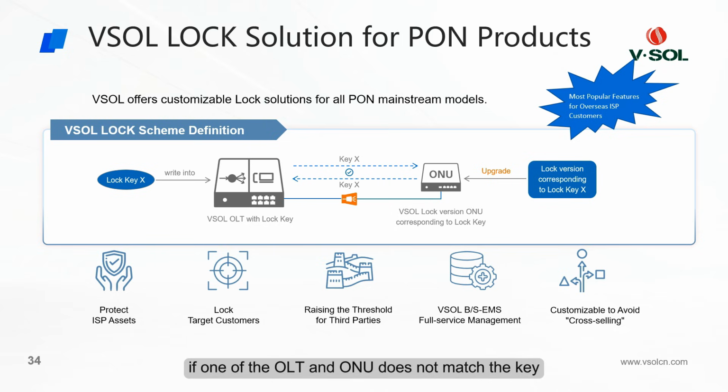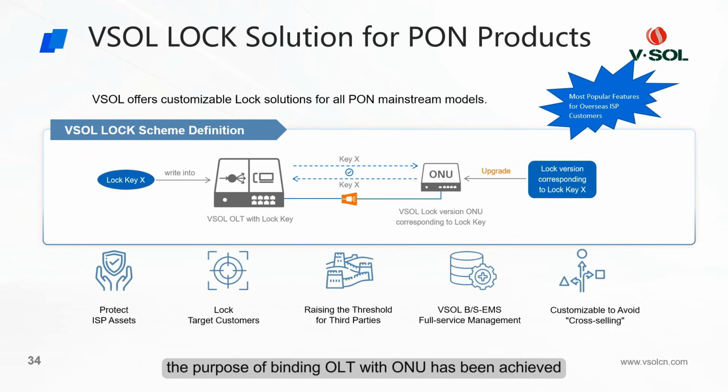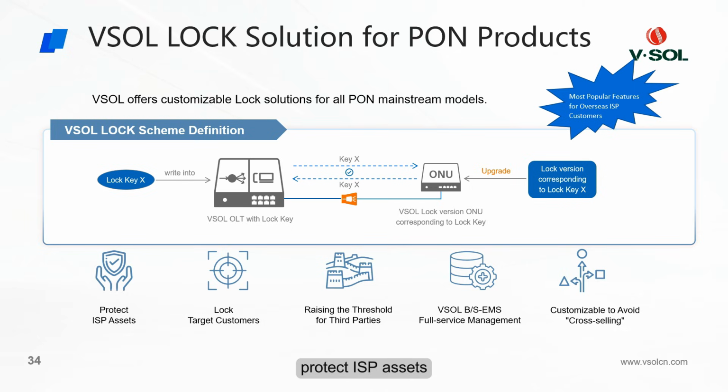If one of the OLT and ONU does not match the key, it will not be able to connect. Even upgrading the lock version of the ONU cannot connect to other OLT devices. The purpose of binding the OLT with the ONU has been achieved: protect ISP assets.